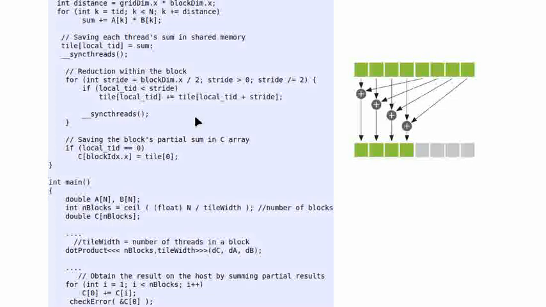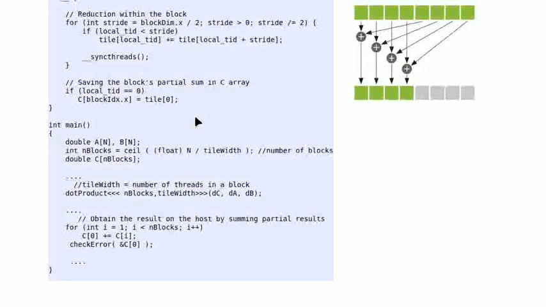At the end, the value will be saved in tile 0, and we put that into a location of C indexed by the block. We have n blocks, or n tiles.